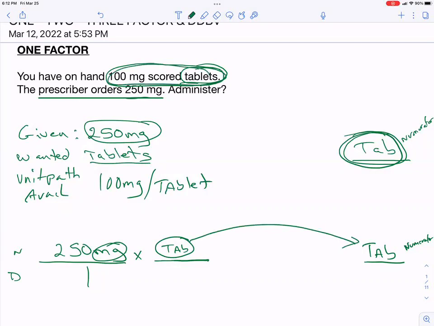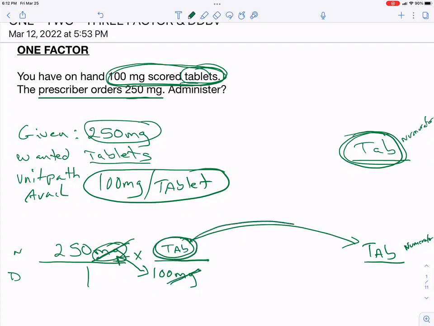They're telling me that what's available is 100 milligrams in a tablet. So I'm going to write 100 milligrams, and I write it in this order. I can cross off unwanted units if I set them up diagonally. When I set it up this way, I'm able to cross off milligrams and I'm left with my wanted in my numerator position, which is tablets.